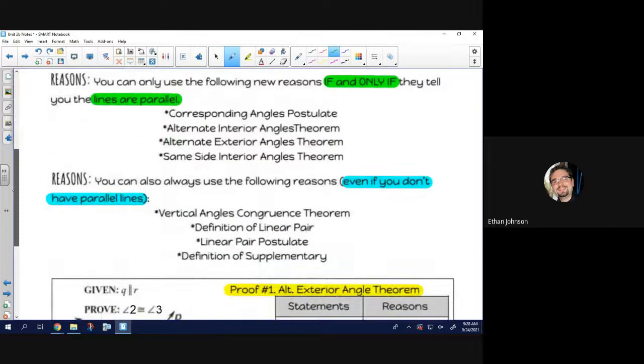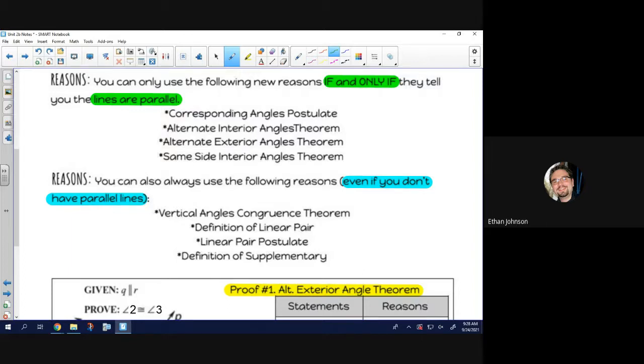However, we will always be able to use the following reasons, even if the lines don't say parallel. So we'll always be able to use the vertical angles congruence theorem. So vertical angles are congruent. Definition of linear pair, the linear pair postulate, and the definition of supplementary.